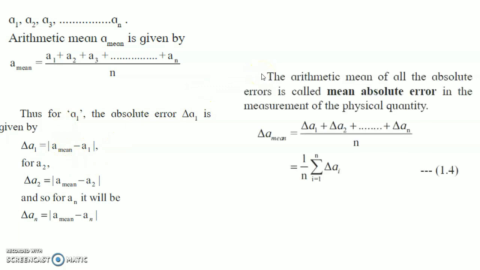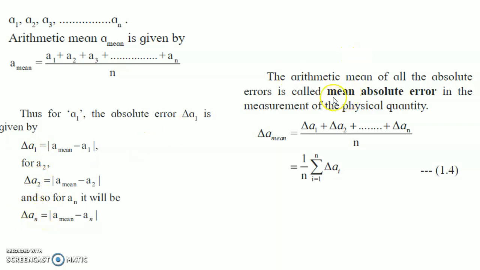Now let us find out the arithmetic mean of the absolute errors. We have found absolute errors for all the readings, that is delta A1, delta A2, delta A3 up to delta AN.